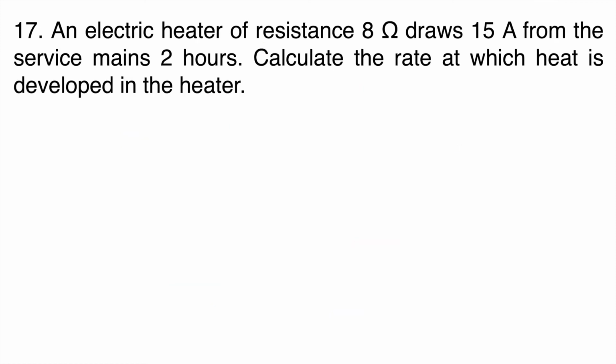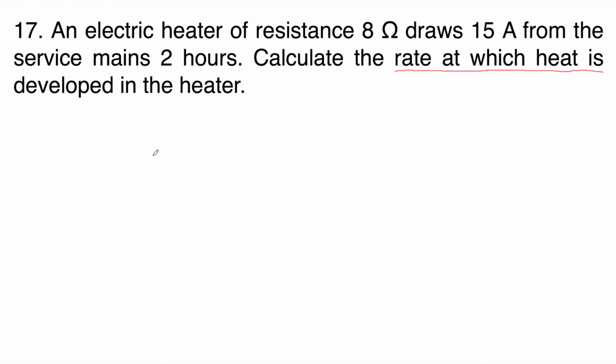Question number 17. An electric heater of resistance 8 ohm draws 15 ampere from the service mains for 2 hours. Calculate the rate at which heat is developed in the heater. Okay, so here we should find out the rate at which heat is developed.